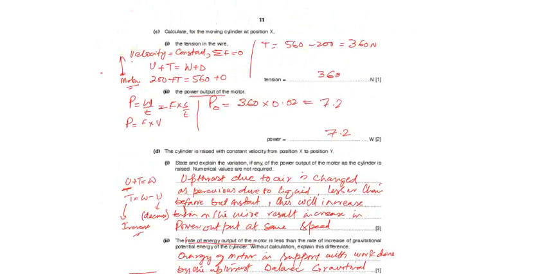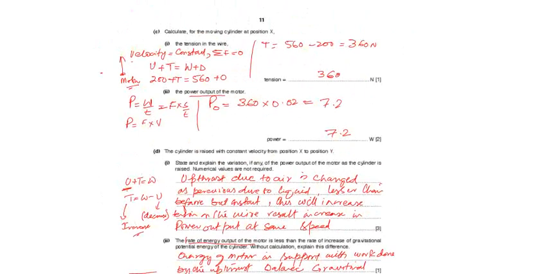So 360 times 0.02 gives 7.2 watt. In your question bank, you may note power equals force times velocity, where the force is what is actually pulling the thing upward, or you can say lift, push or pull.